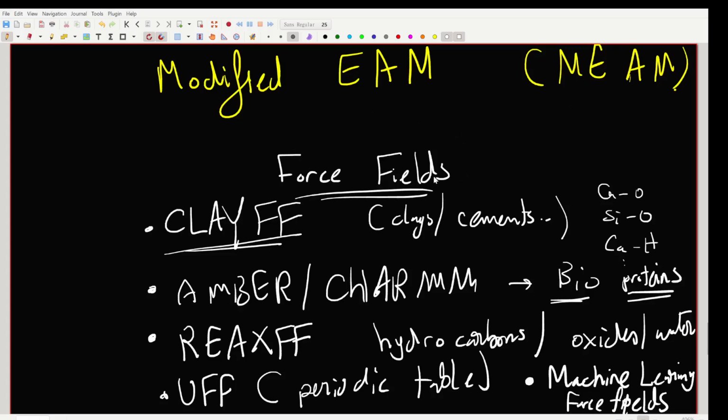And then we summarized some of the important force fields in different families of materials. For clays and cements, you'd use CLAYFF typically. Of course, there are other force fields, so I'm not trying to advertise these or anything. Maybe these are the ones that I'm familiar with, but there are, of course, other good force fields for these families of materials, like CLAYFF, AMBER, and CHARMM for biomolecules, ReaxFF for hydrocarbons and oxides.